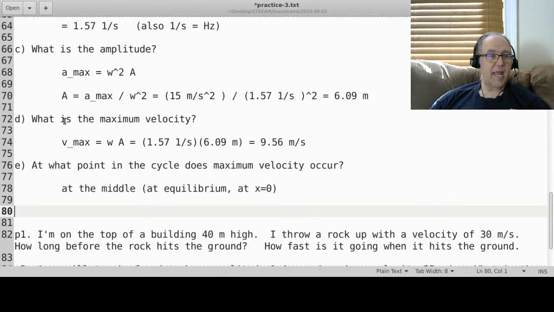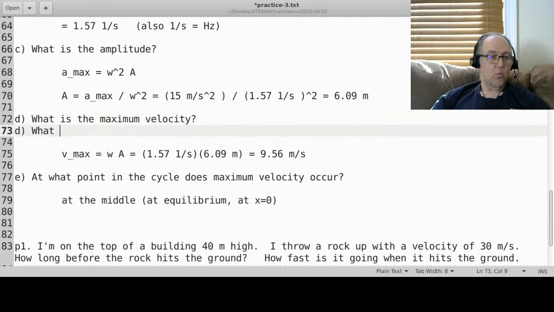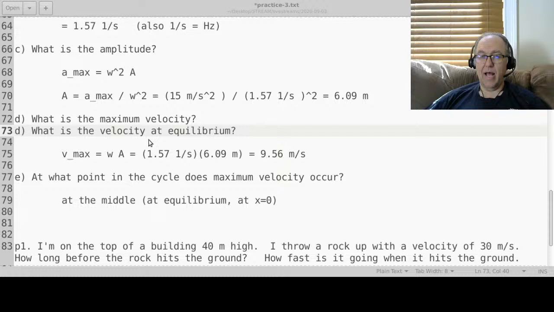So instead of saying what is the maximum velocity, I could have asked the question for part D, what is the velocity at equilibrium? Now, suppose you didn't know that maximum velocity is at equilibrium, or conversely, that the velocity at equilibrium is the maximum velocity.